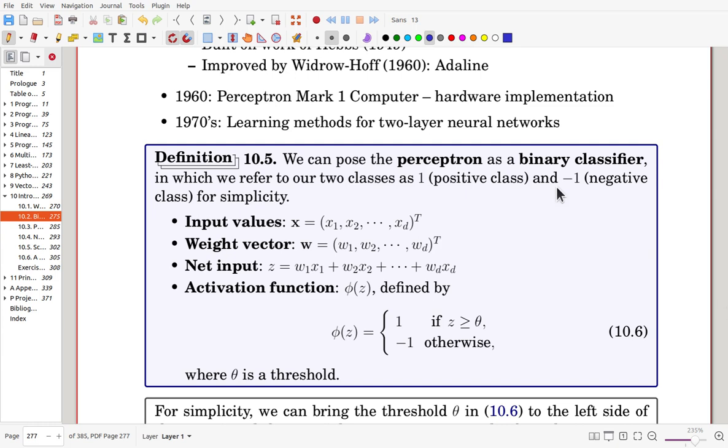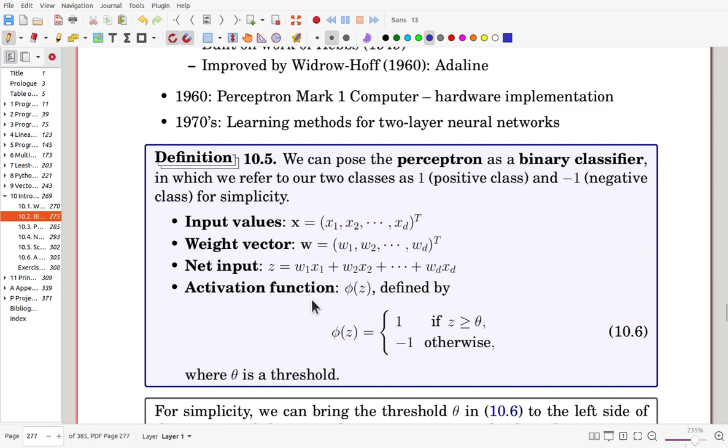You can choose 0 and 1 or -1 and 1; either way, you can choose labels. Once input values and weights are selected, we get the net input, that is, the weighted sum of input values with these weight values.